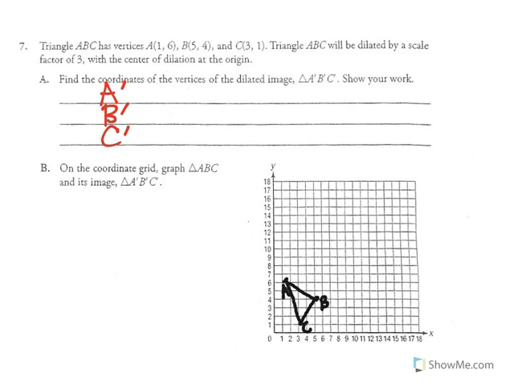I have to make sure I put the prime symbol for each of these. Okay, the rule is that you are going to multiply each of these coordinates by 3. So it would go from x, y to 3x and 3 times y. So each of these you're going to multiply by 3. You're going to take each of your coordinates and multiply by 3.